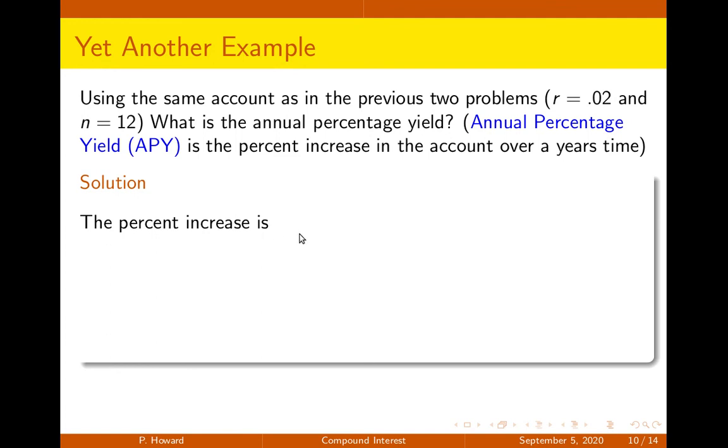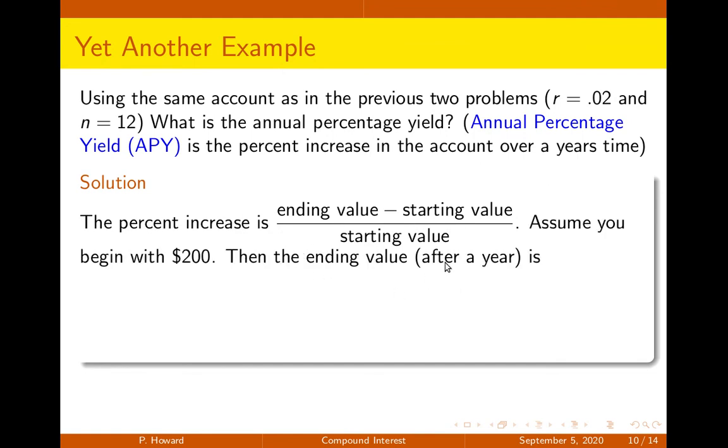So how do you calculate the percent increase in a quantity? As we know, you take the ending value minus the starting value, and you divide by the starting value. Okay, so I'm picking a number out of the air. Let's suppose that you begin with $200. We will get the same result with any starting value. So this is sort of a random choice.